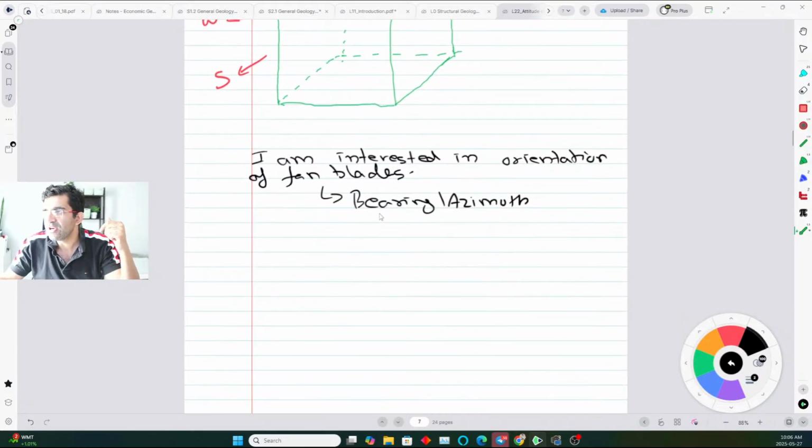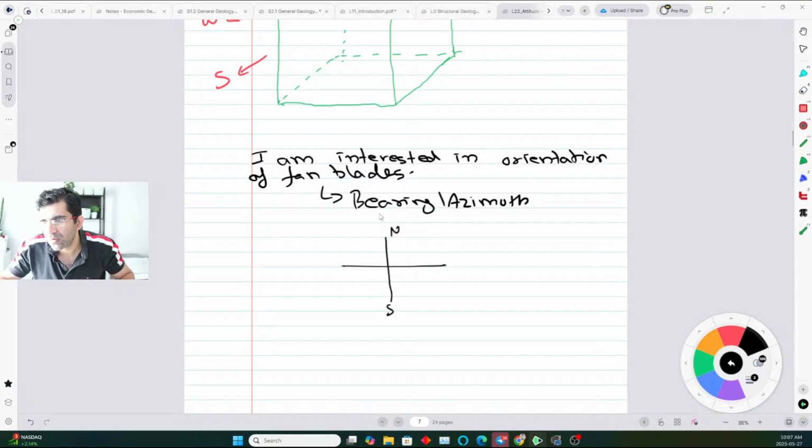When you define those directions, north, south, east, west, what is the angle between north and east? 90 degrees. So between north and south, it will be the whole 180 degrees, right?